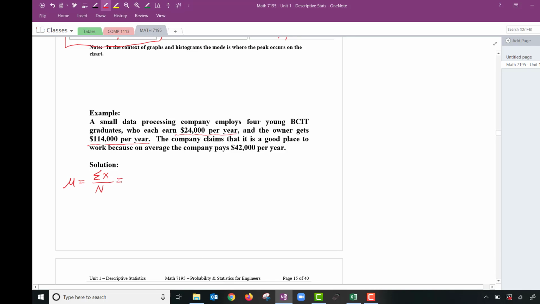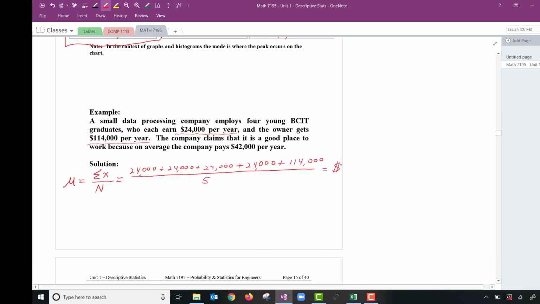So it's employee number 1 is 24,000, and the next person is 24,000, and 24,000, and 24,000, and then the boss, who makes 114,000. Divide that by the 5 employees that they have, and it comes out to be 42,000. So in their ad or job posting, they haven't really lied.